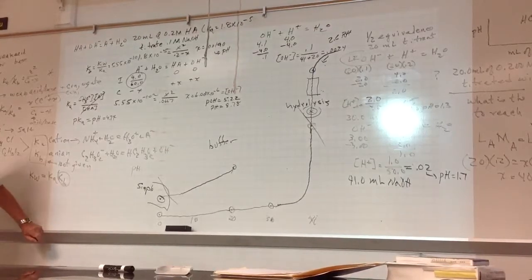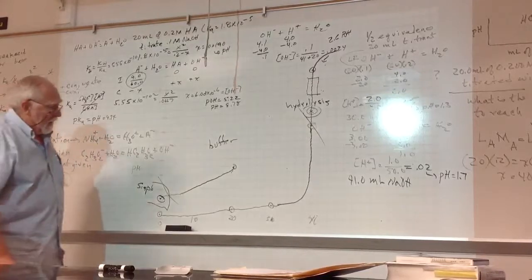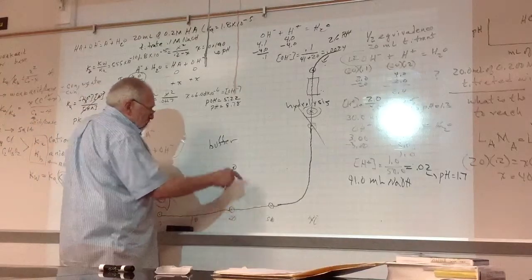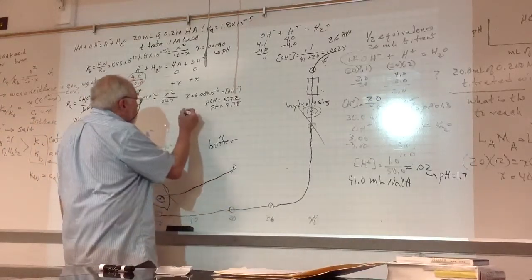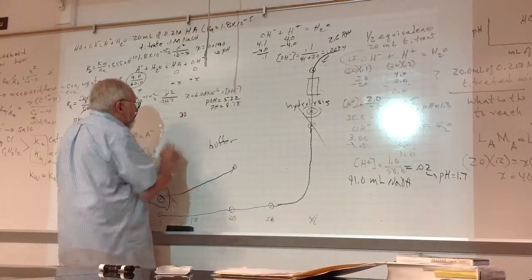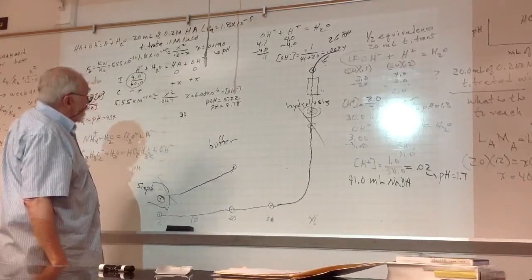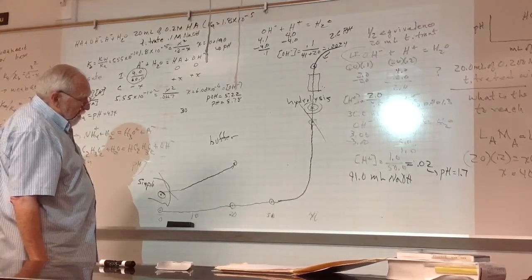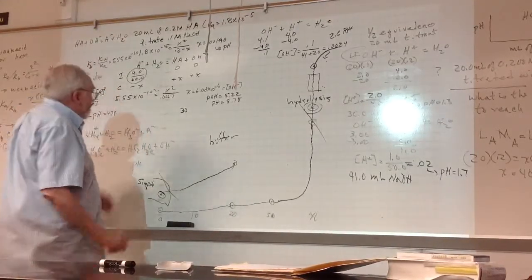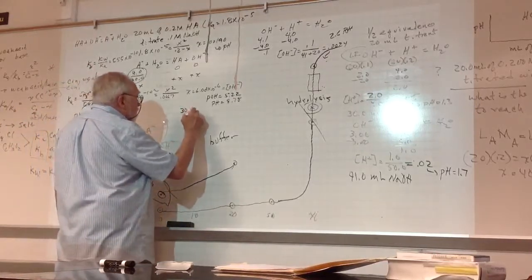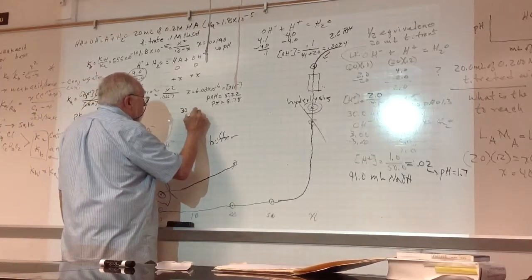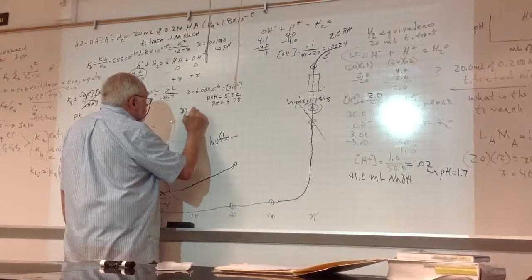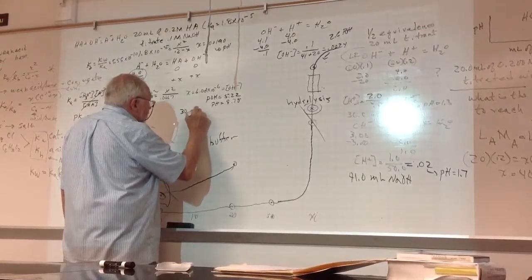So I'll do one buffer point, and I'll pick 30 milliliters just for comparison purposes. And I already did the stoichiometry for 30 milliliters. There was 1 millimole of weak acid unreacted.